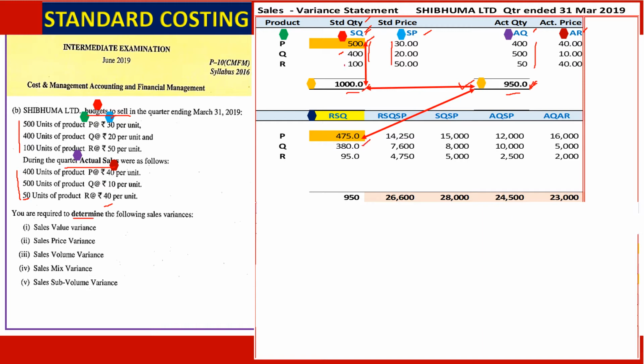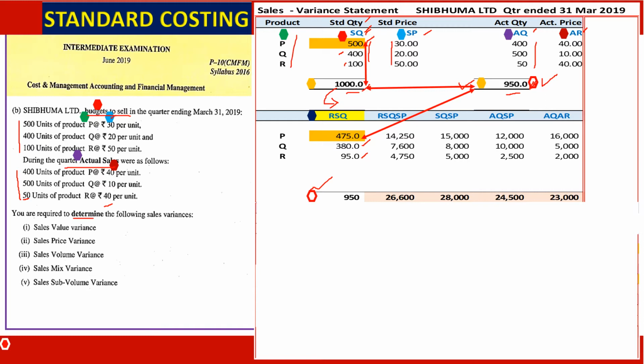Similarly, 100 for 1000, for 950, it is 95. This is how we revise the standard quantity to match the actual sales. 1000 becomes 950, and it is essential that we have matching of these two quantities perfectly, and the ratio has to be adopted from the origin. This is step number 1.